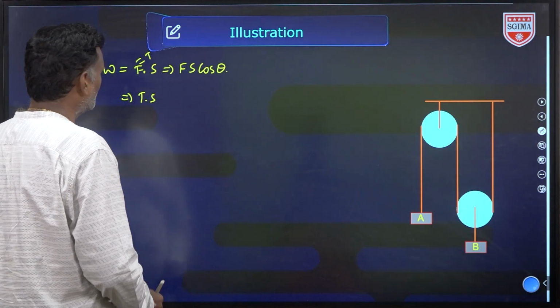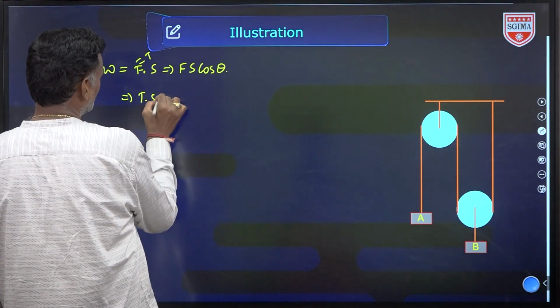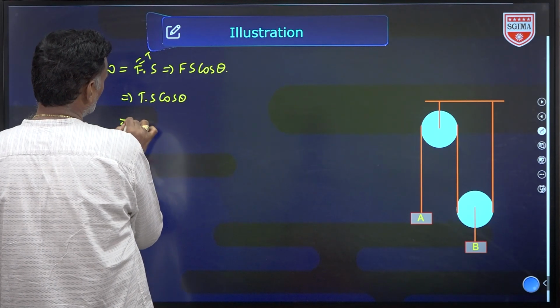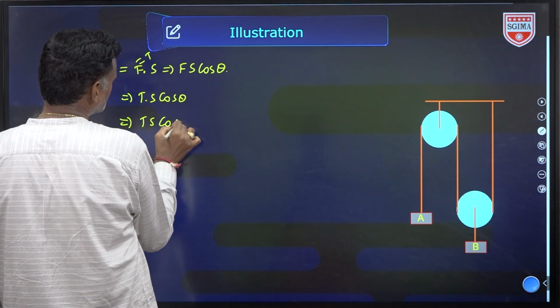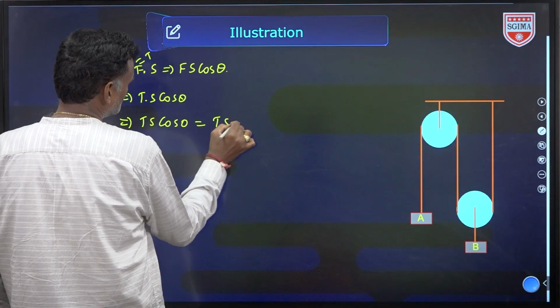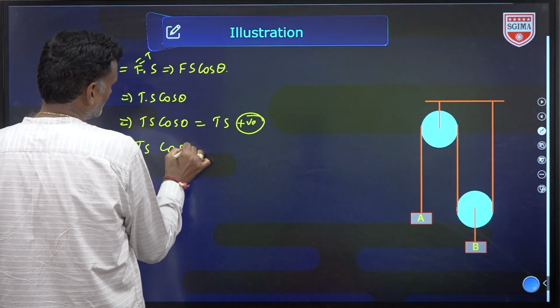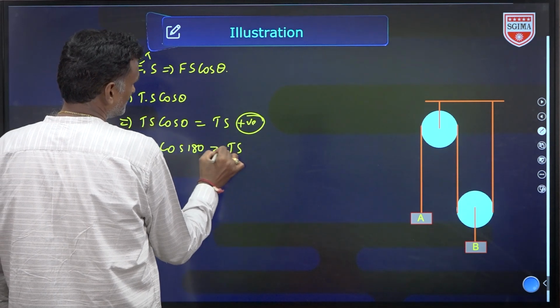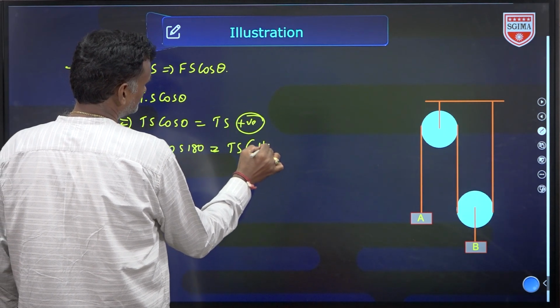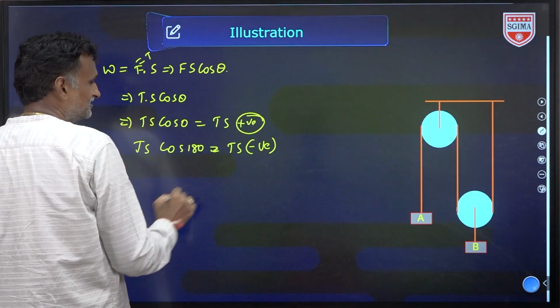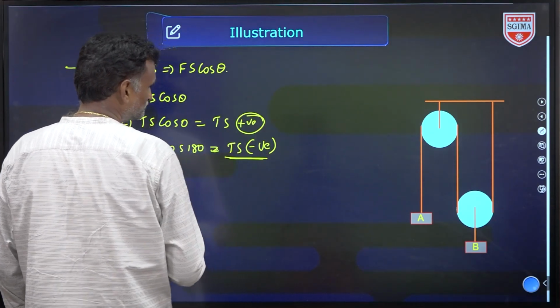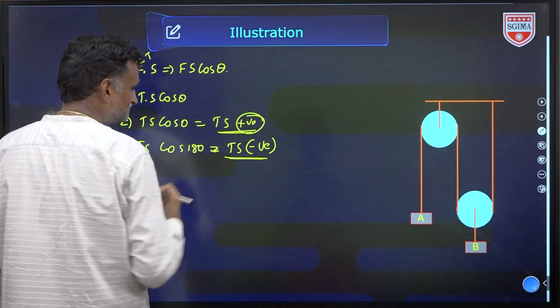So here T s cos theta: T s cos 0 gives T s, which is positive work, and T s cos 180 gives minus T s, which is negative work, okay.